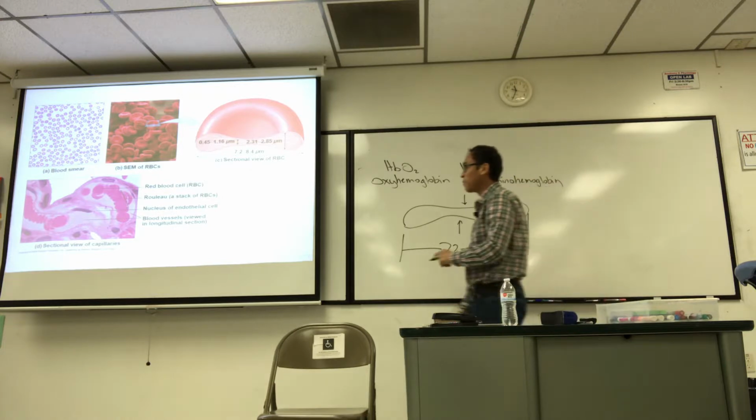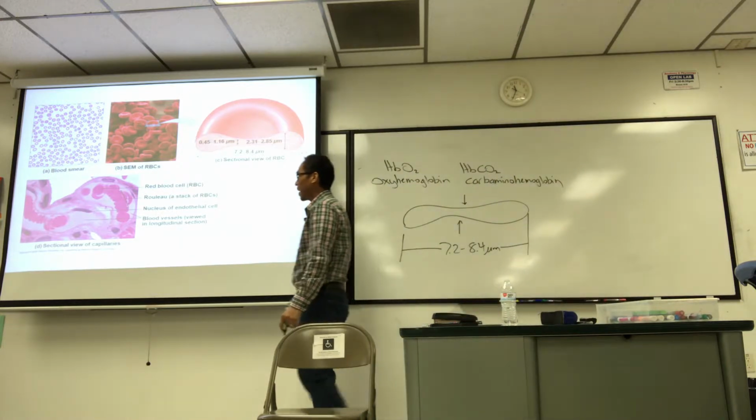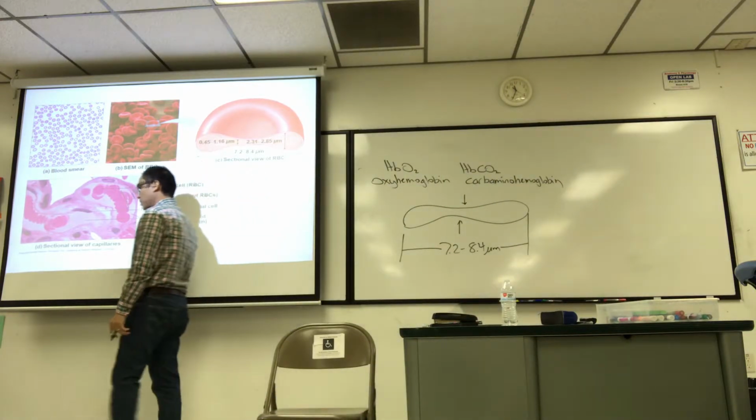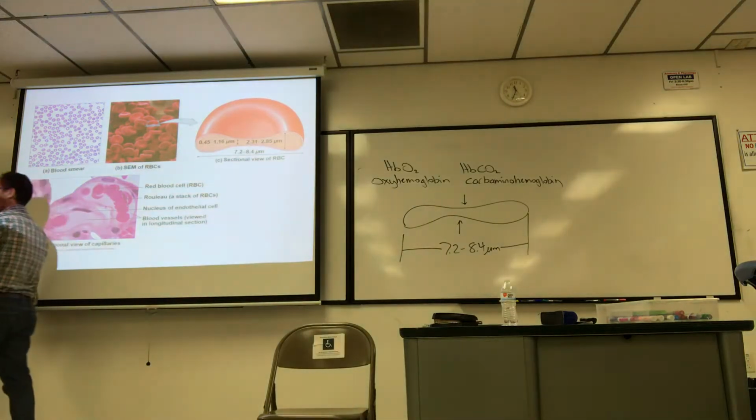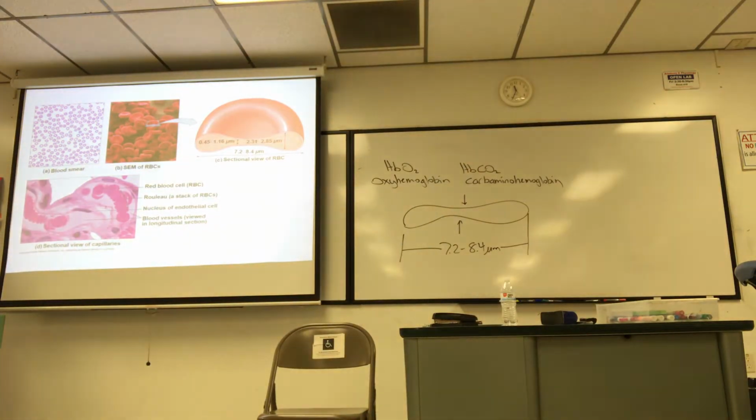And because you're flattened like pancakes, pancakes aren't truly biconcave, but I guess pancake is closer than beach ball. Most cells are round or square. So these can stack a lot easier and file through single file. And because you're single file, it's like all of them are doing the gas exchange.